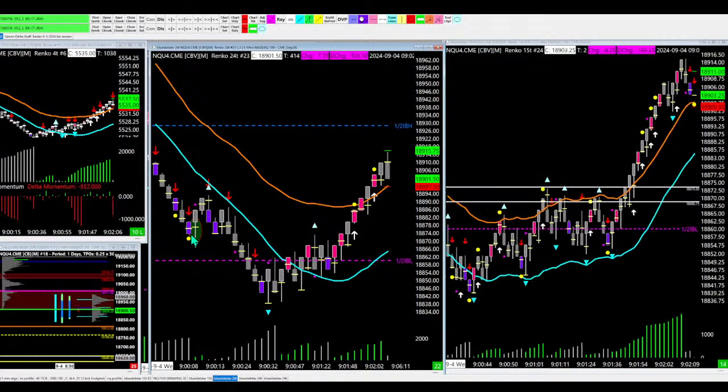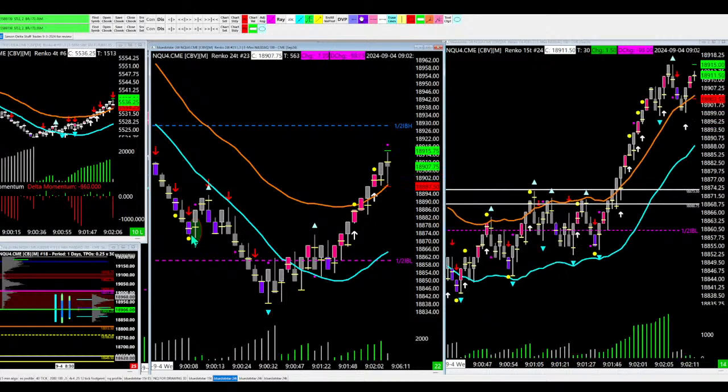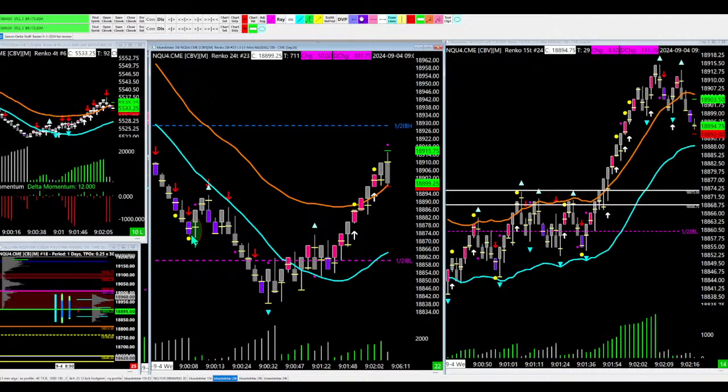Don't put yourself in a position where if it's jumping 30, 40, 50 points, you're going to get caught on the stop, caught on not putting your stop in quick enough, all that stuff. Let them do what they've got to do.